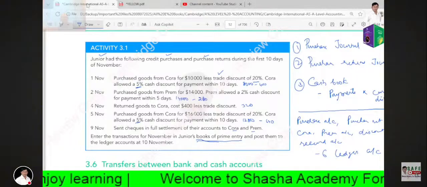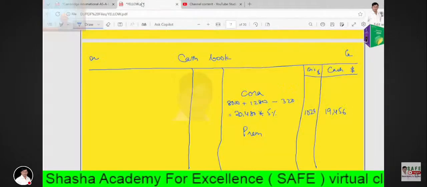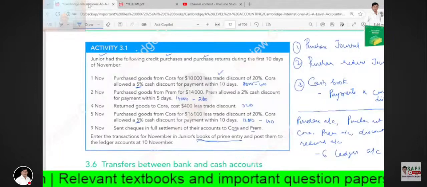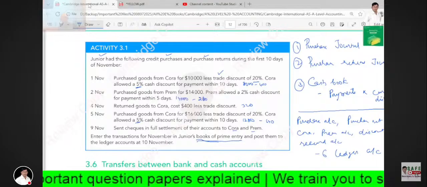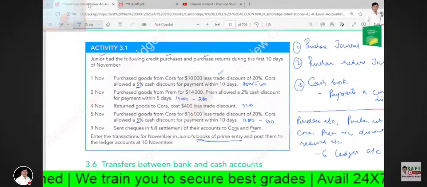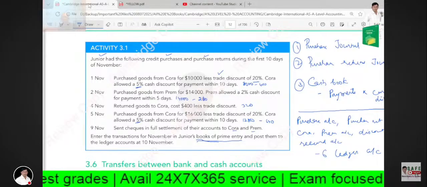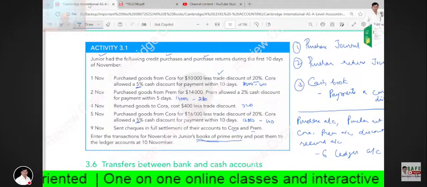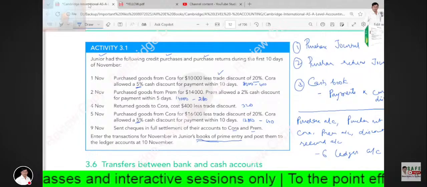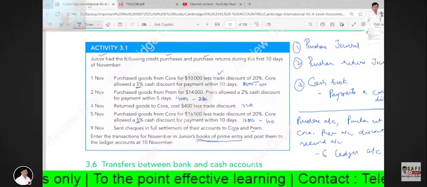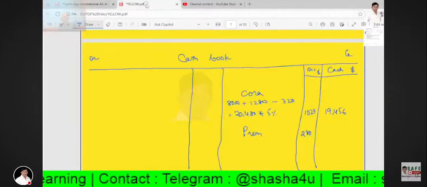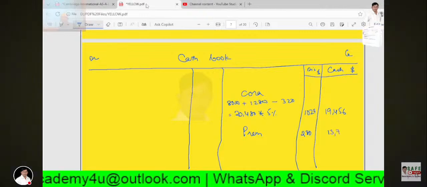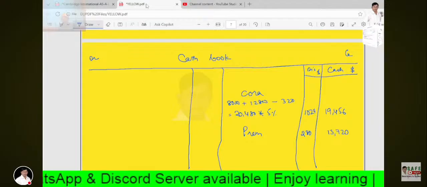Discount is 280. 14,000 minus 280 is 13,720. So this is the amount you have paid to Prem.